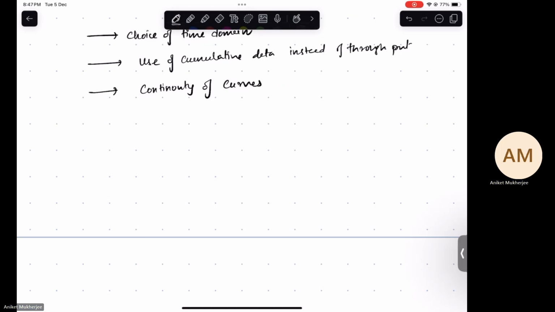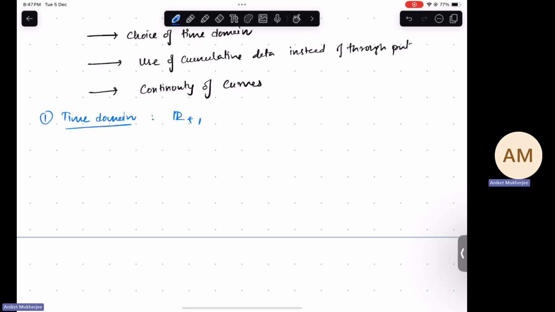So the first assumption: what is the time domain? The time domain here we have specified to be R plus, but could it also take N plus? It doesn't matter, but what we want is a dense choice of time domain.